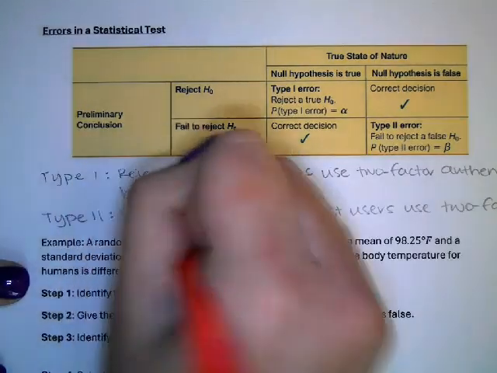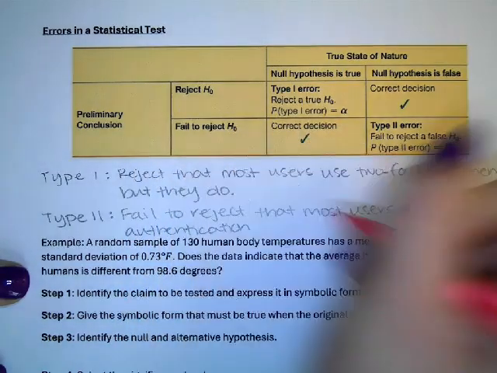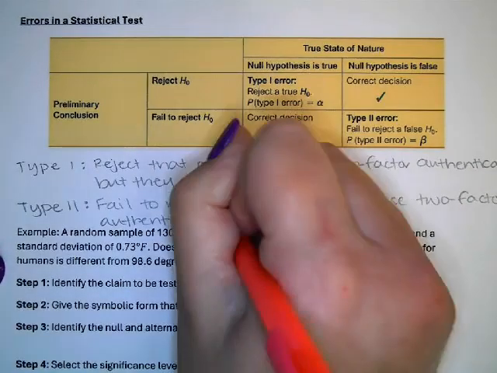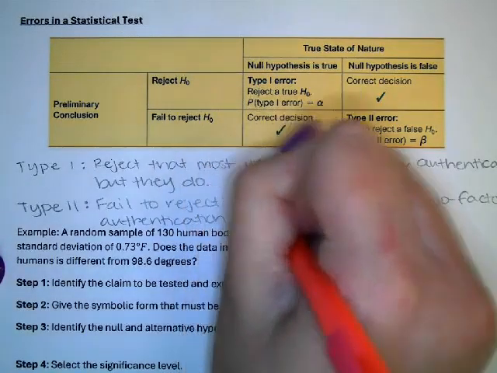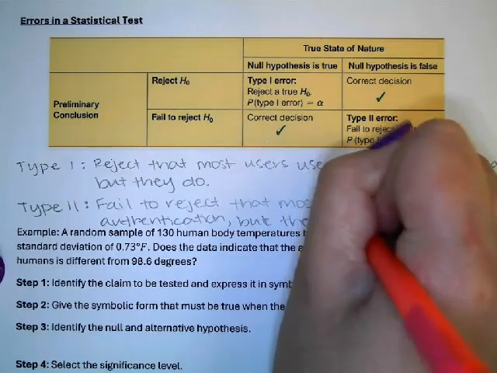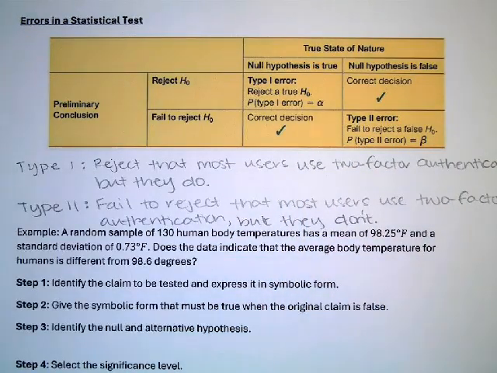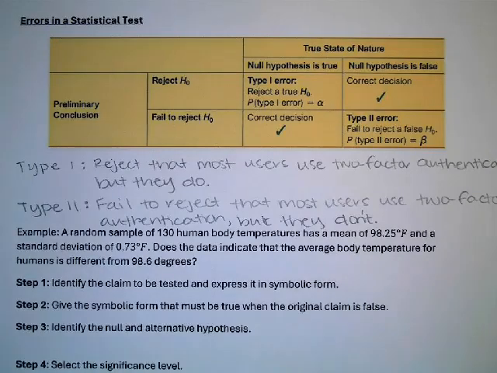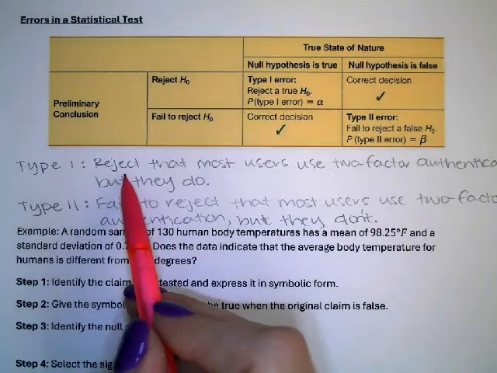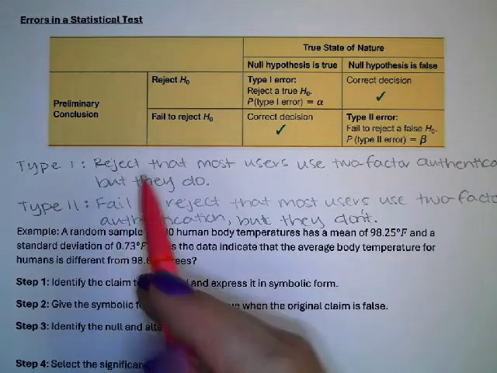So I fail to reject it, but it's false. But they don't. Okay, those are the two types of errors that we have. So in this case, I did not reject the null hypothesis, so I'm definitely not at risk for a type 1 error. I did fail to reject the null hypothesis, so I could be at risk for a type 2 error if I did something wrong in my procedure.